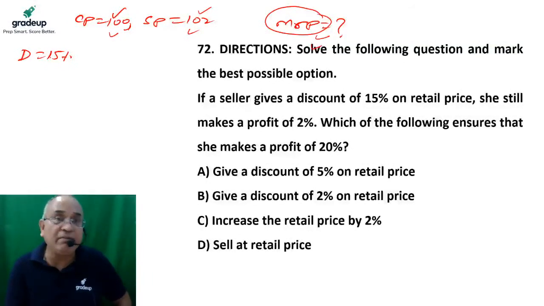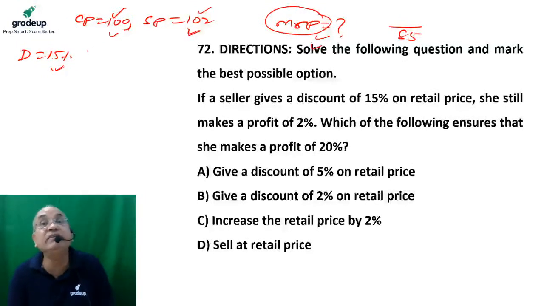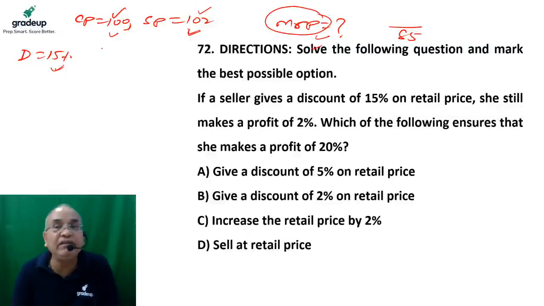We have given a 15% discount. So the selling price is 85% of the mark price, because we have charged only 85% of the mark price.